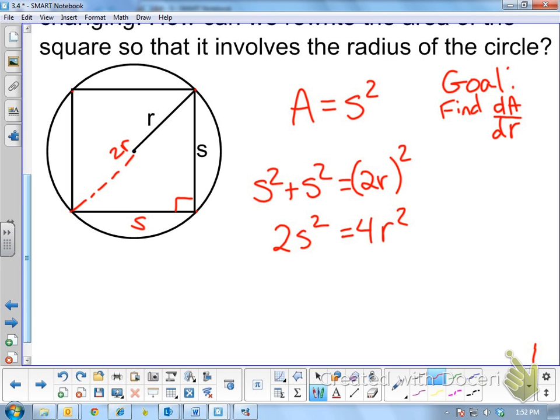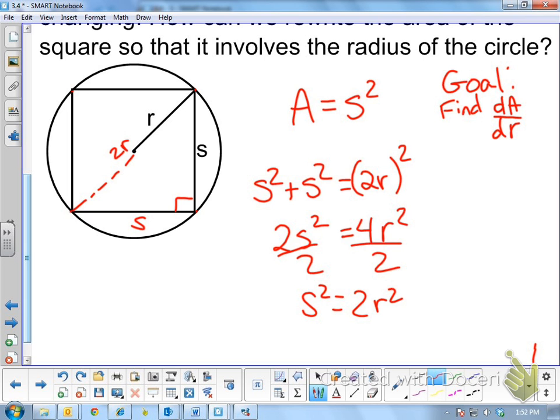And then I need to get rid of the 2. So now we're just down to some algebra. Divide both sides by 2, so we get s squared equals 2r squared. Now I could square root this and plug in for s. But I could also just replace s squared right now. It's substitution that you're probably not used to seeing.